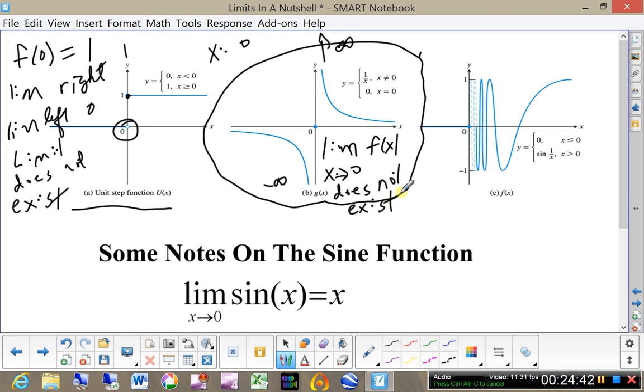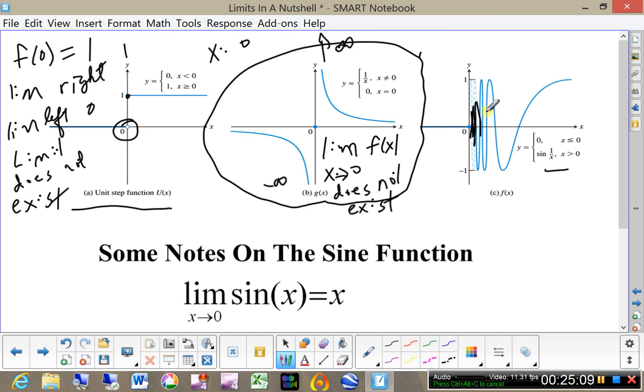Now, you can make up all kinds of functions that may not have a limit at certain points. If you plug into your calculator sine of 1 over x for x more than 0, you will see that on the right hand side the function is moving up and down very rapidly as you get closer and closer to 0.